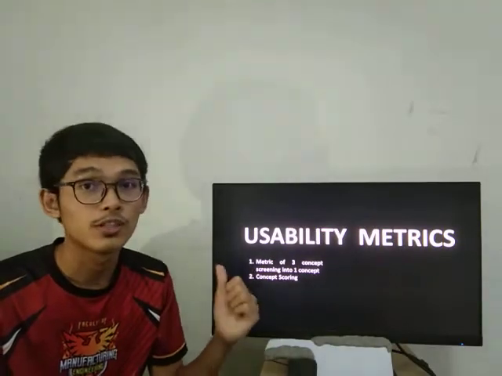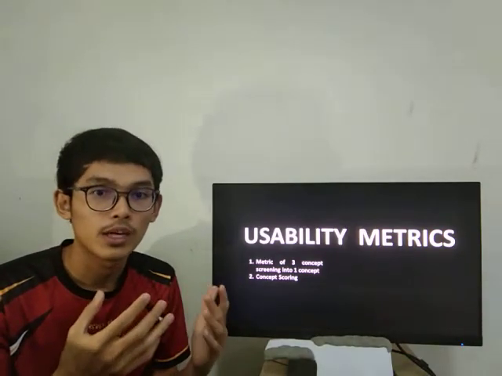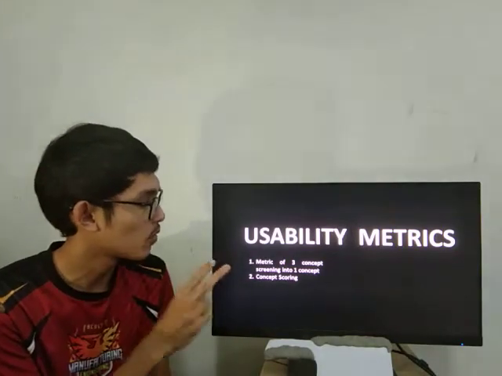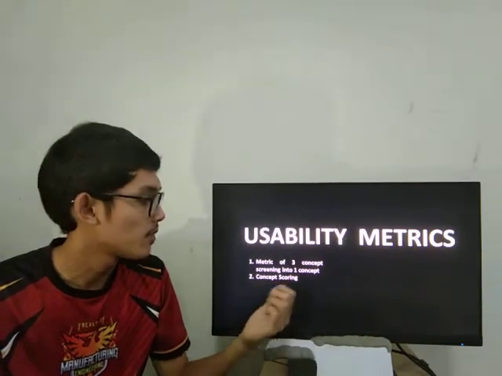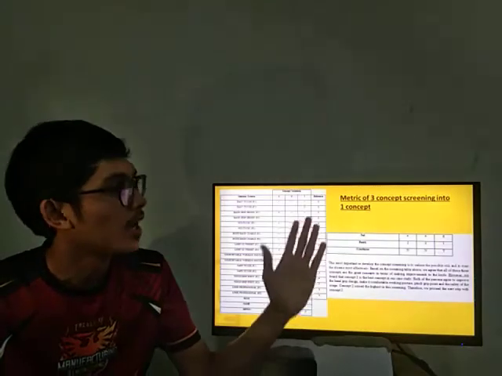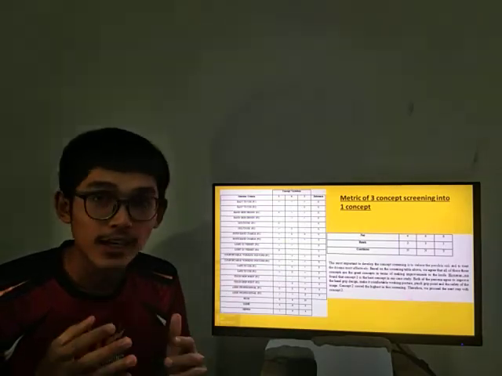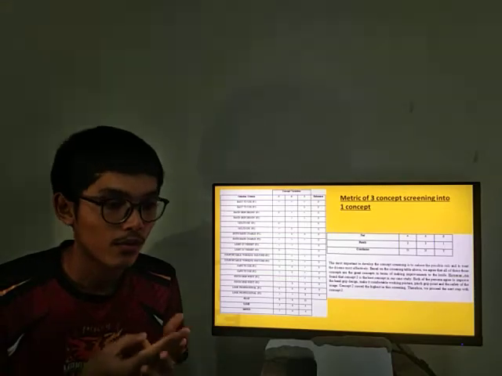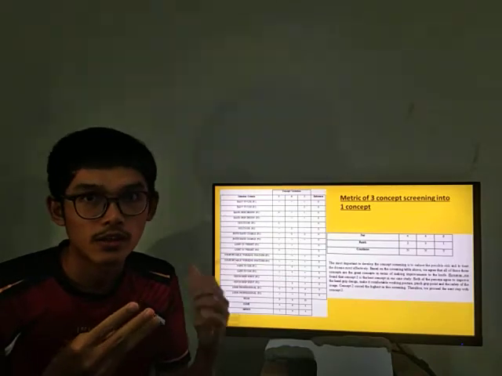Okay, next is usability matrix. For the usability matrix, we are going to discuss two things. Number one is the matrix of 3 concept screening into 1 concept, and the second one is concept scoring. For the matrix of 3 concept screening into 1 concept, we once again do the selection criteria, and we take the 3 concepts after the first screening.